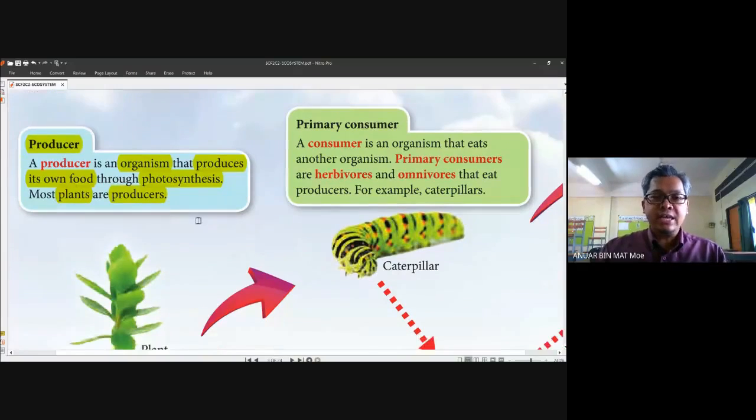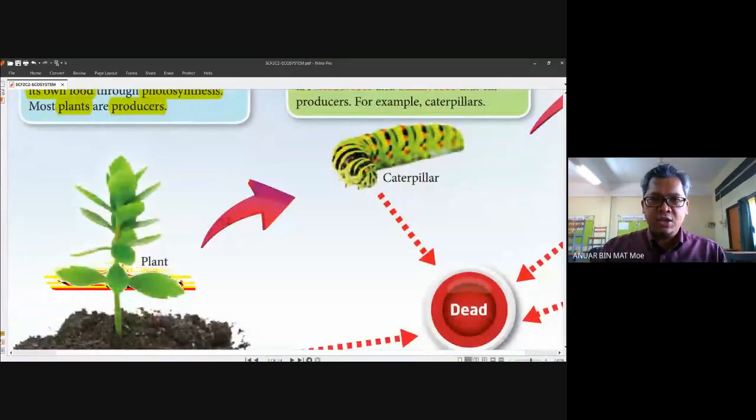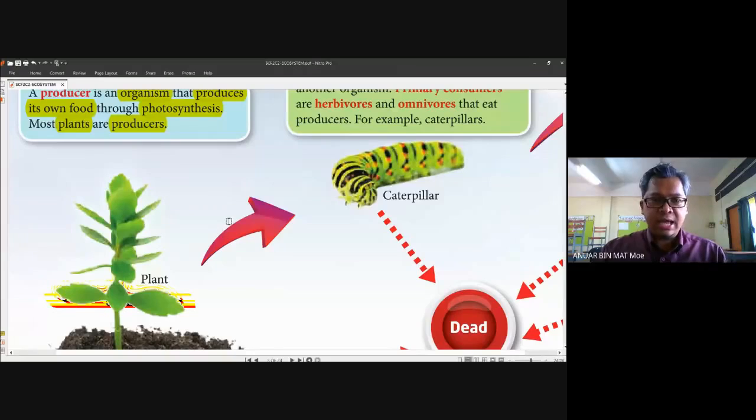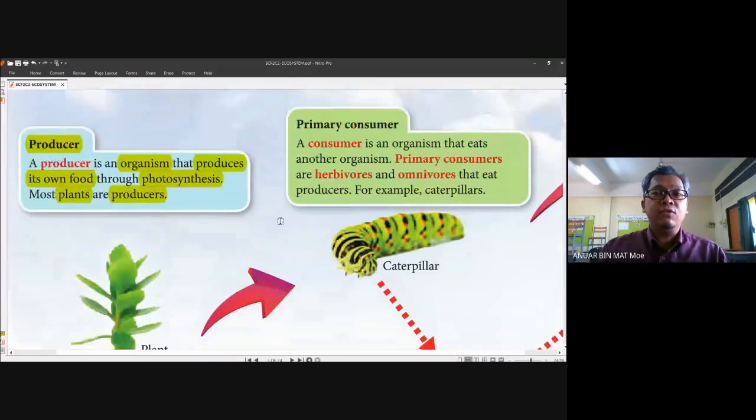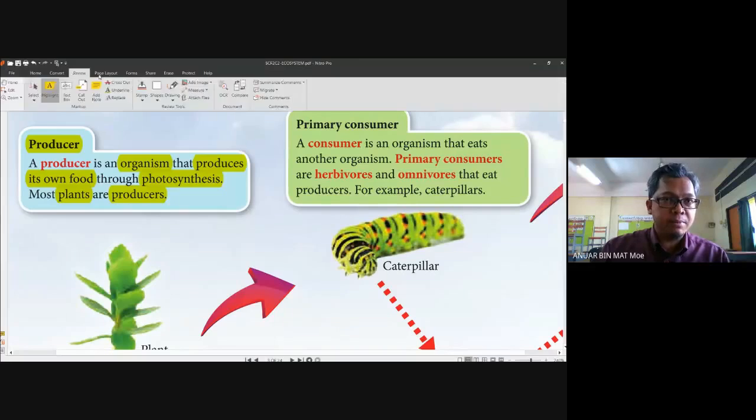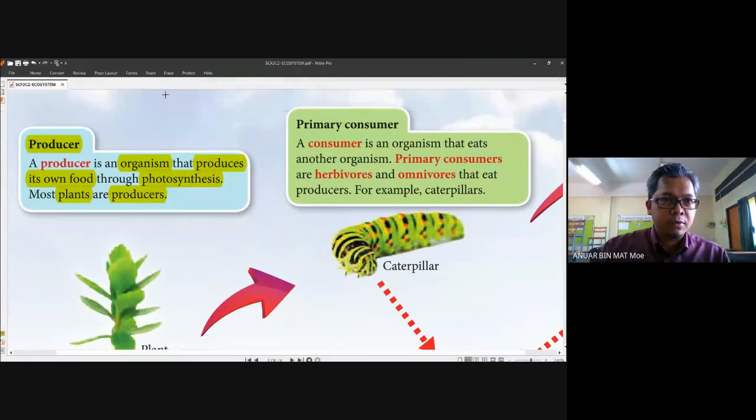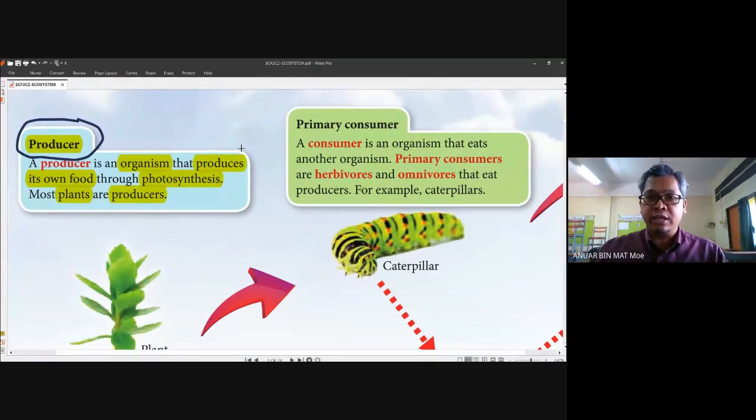If you see here in the diagram any kind of plant, they are able to make their own food through photosynthesis. So we call this organism producer.